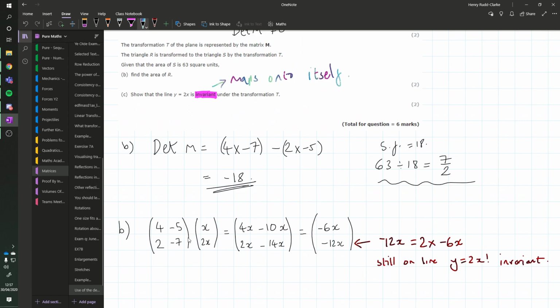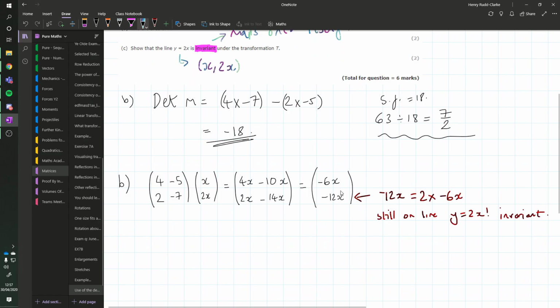If I take a coordinate on the line y equals 2x, any coordinate on the line y equals 2x is going to be of the form (x, 2x). So if I take the point (x, 2x) and multiply it by the matrix 4 minus 5, 2 minus 7, I get this result, which is (minus 6x, minus 12x). That is still on the line y equals 2x, because minus 12x is equal to 2 times minus 6x.